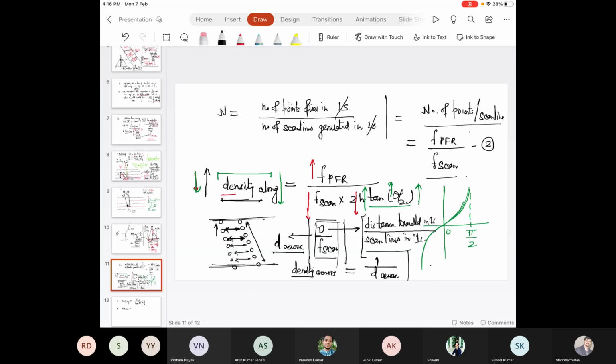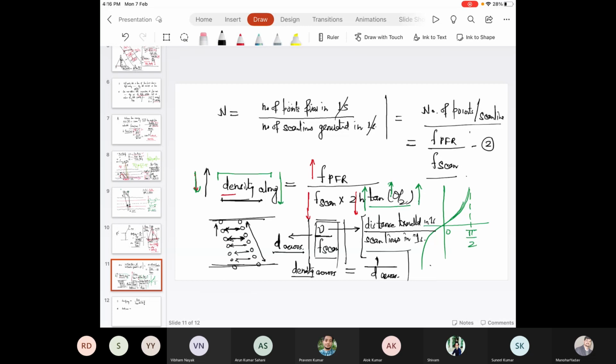What does this mean? When we have two successive points, let's say these are the points. This is one scan line, second, third, fourth. And these are the points, with spacing between successive scan lines.